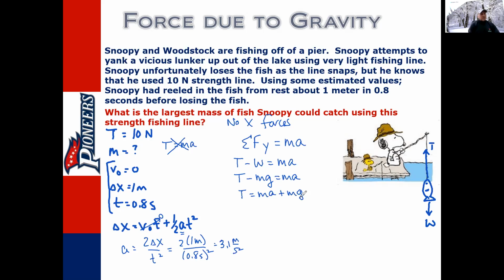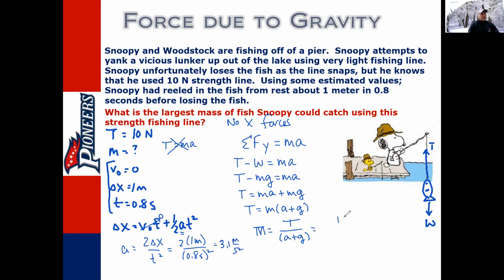So now I have ma plus mg. I'm solving for m. So now what do I want to do? We want to use the F word, factor. We want to factor. Because this is what I'm solving for, and it's in two places, so I want to factor it out. Now I can divide by the sum of a plus g.